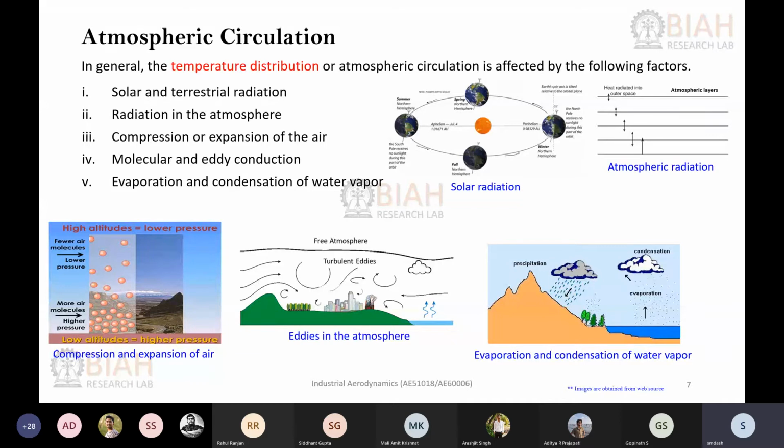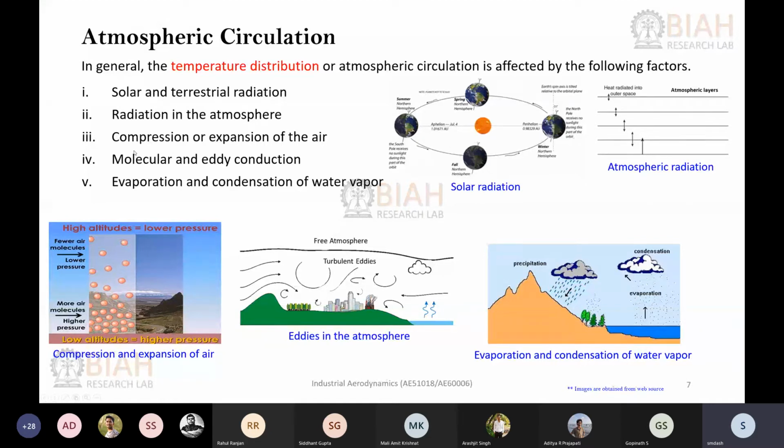So in different layers of the atmosphere, you have different densities of air, which correspond to the particular pressure value that region contains. Since the composition of the air varies as you move to a different atmospheric layer, the amount of radiation also changes, and that also affects the temperature distribution.